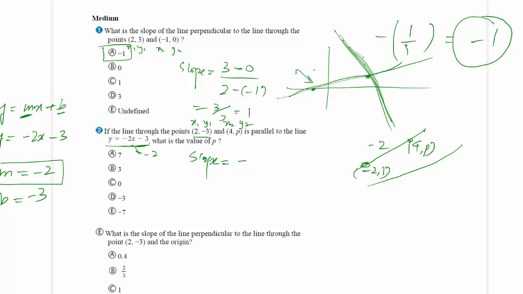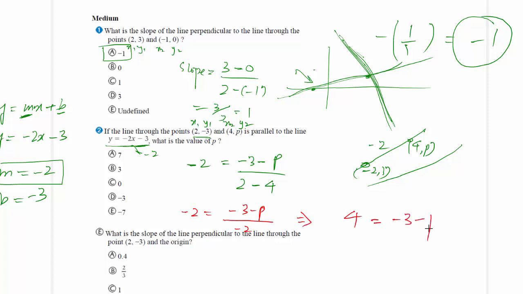So y1 is negative 3 minus y2 is b, divided by x1 is 2 minus x2 is 4, and we know that the slope is negative 2 because parallel lines have the same slope. Now we can simplify it. It becomes negative 2 equals (negative 3 minus b) divided by negative 2. So multiplying both sides by negative 2, you will get 4 equals negative 3 minus b.